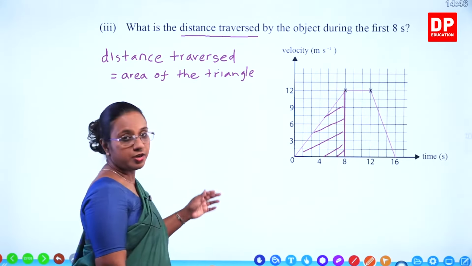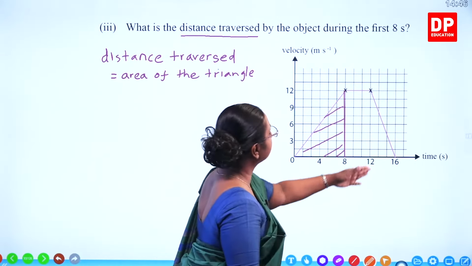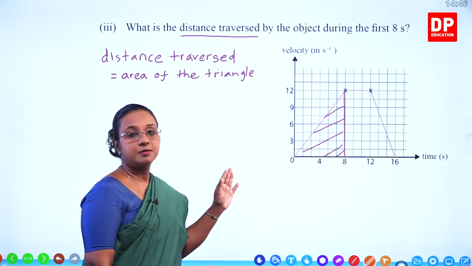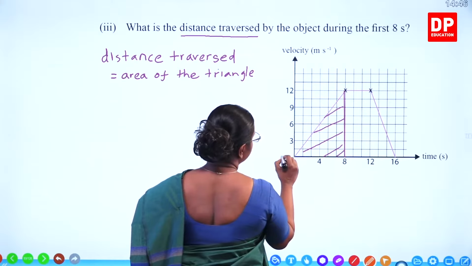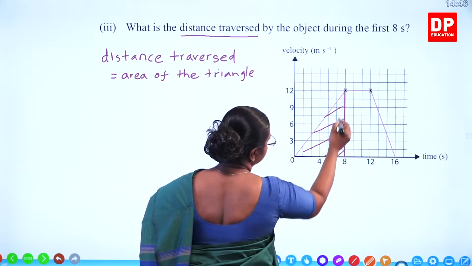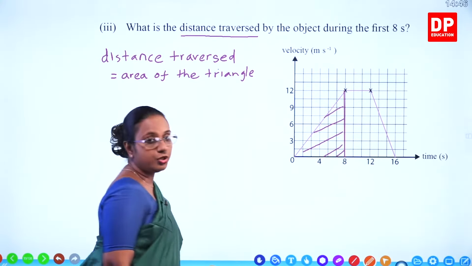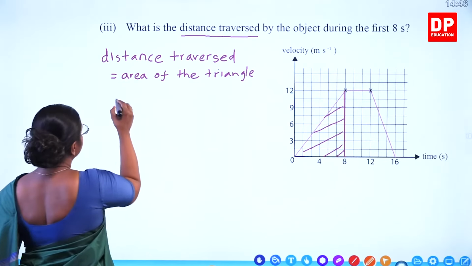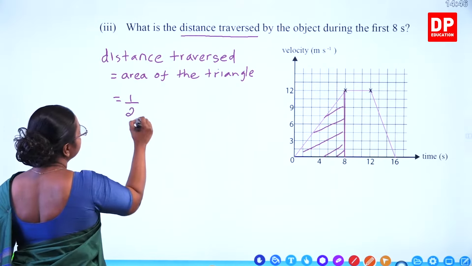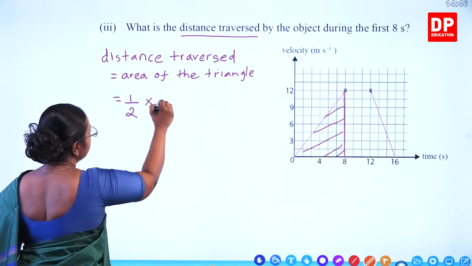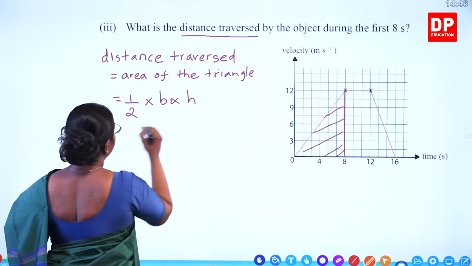If you want, for your convenience, you can even mark the graph as points A, B, C and D. So here I'm not marking the point since it's shown to you in the graph. It has been shaded. So here the area of a triangle is equal to half into base into height.